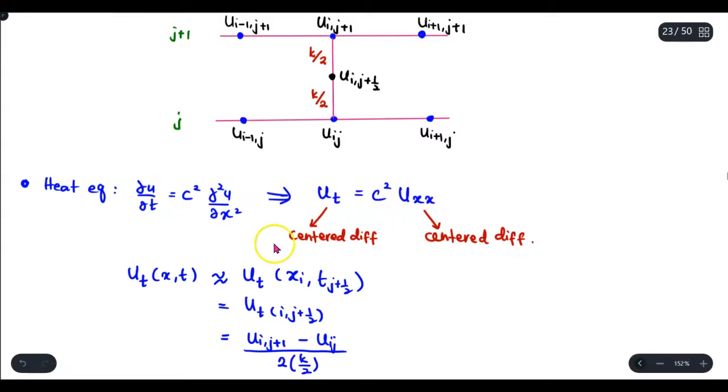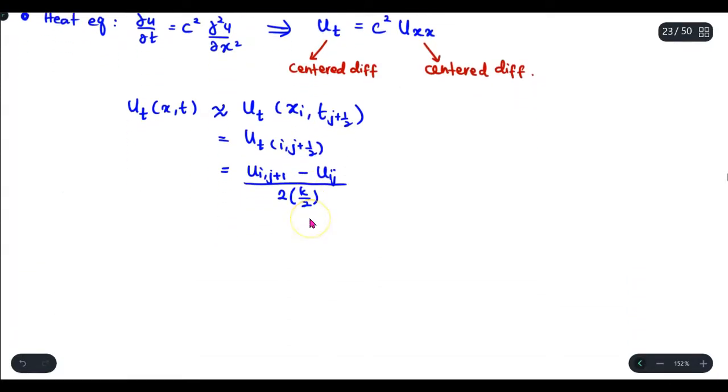So you can simplify the 2 at the bottom, and you will end up with (u_i^(j+1) minus u_i^j) over k. This is the centered difference formula at the point (x_i, t_(j plus half)).